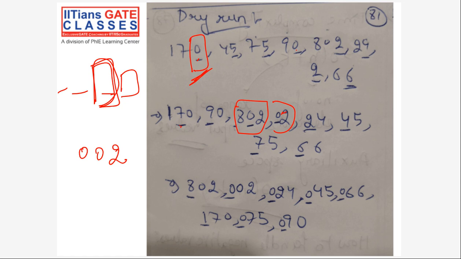So you make it 02 and you take 0, so 802 and 02 come first, and then 24, I think. Yeah, 24, and then 45, then 66. Then see, for 7 you have two competitors. So whichever comes first in the list will be put first.